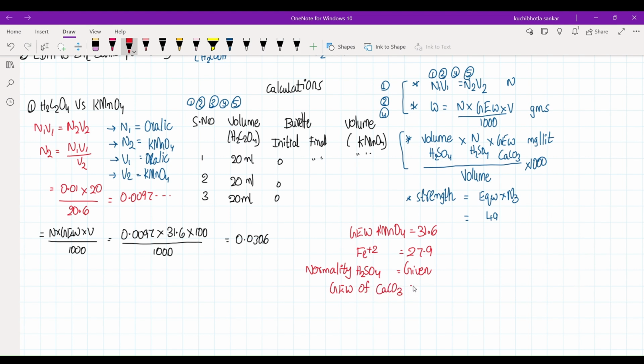That's the base, right? Alkaline sample. Alkaline samples contain carbonate and hydrocarbonate ions, HCO3 and CO3 ions, right? And the gram equivalent weight of calcium carbonate is 50.